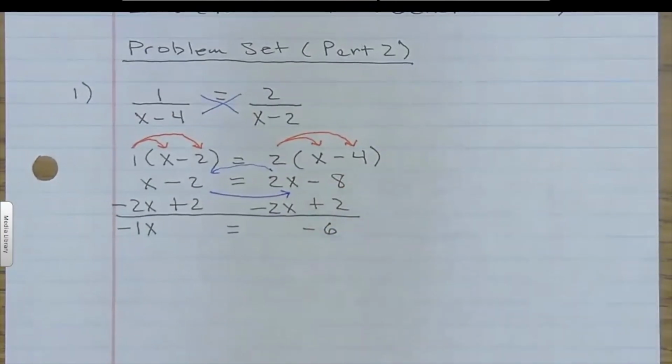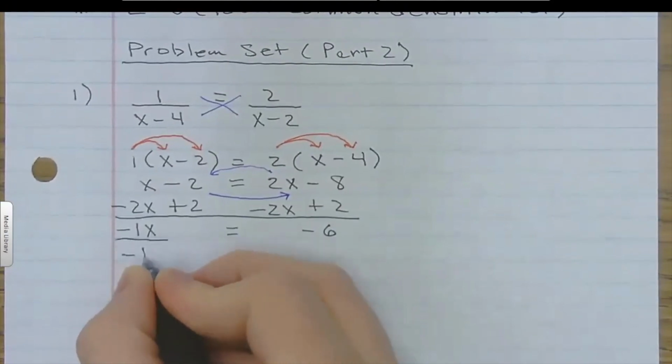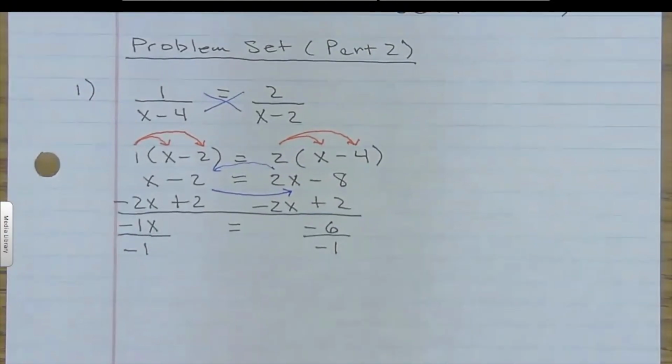Okay, so now to get the x by itself, I need to get rid of this -1 right here. That -1 is attached to the x by multiplication. So we're going to do the opposite of that to get rid of it. We're going to divide both sides by -1. And that's fine, as long as you're not dividing by 0, right?